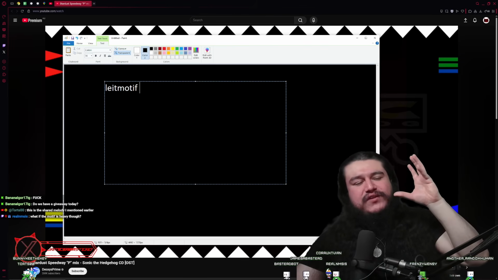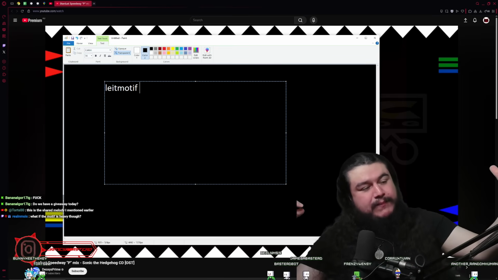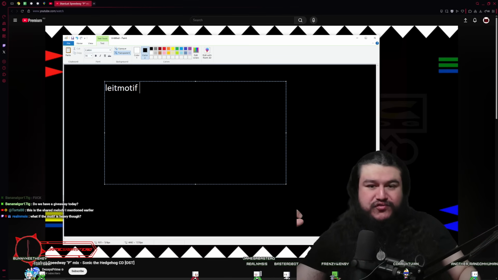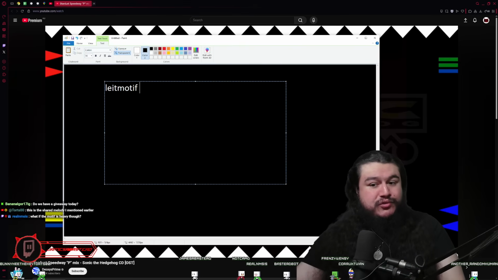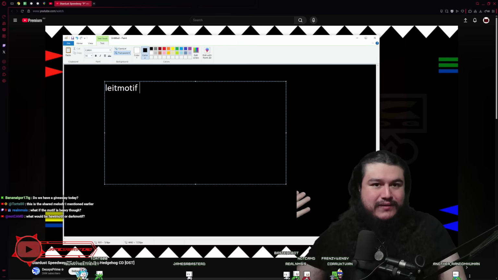A leitmotif is a motif that is used in a second or further piece for the purpose of calling back or referencing back to the original piece. So, in this case, we're having one of the motifs from the original Stardust Speedway, and now we are having this one.